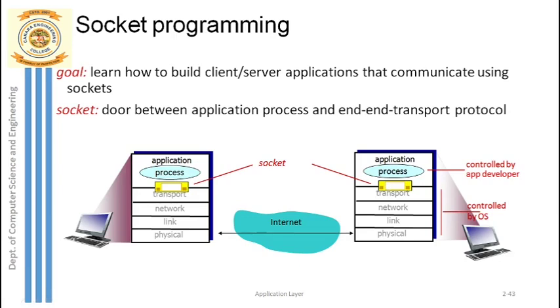Every socket, or every door, has a proper door number. Similarly, every socket has a unique port address. So for the message to reach the proper destination, first your message has to reach the proper door, or proper socket. And how is the proper socket found? Through the proper port address. Here you see a source address. When a person is writing a letter, he includes a from address.